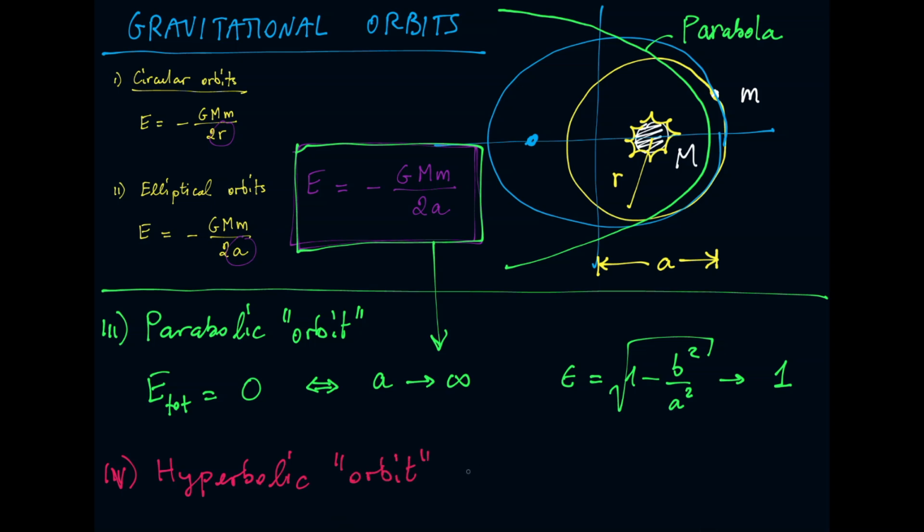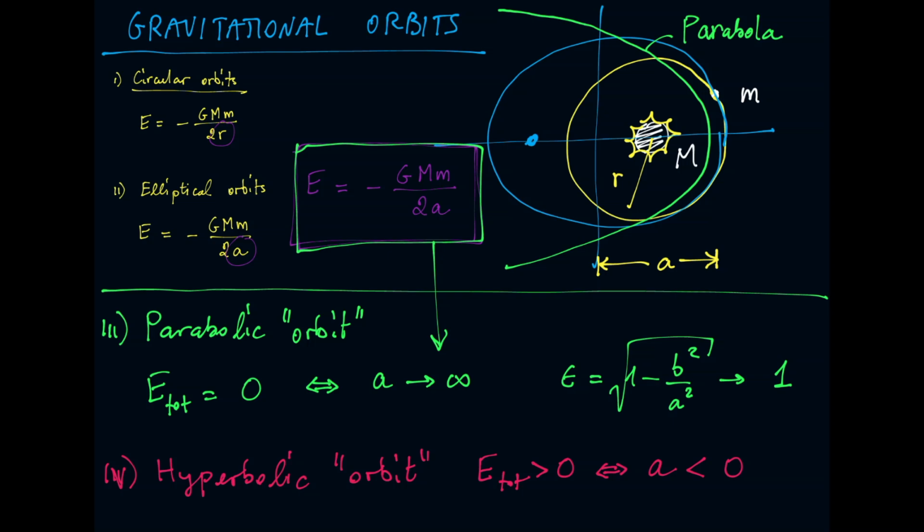And this is when, again, the total energy is positive now, which is the same as this semi-major axis, again in some quotation marks, being negative, which geometrically loses a little bit of the intuition that we had built for ellipses.